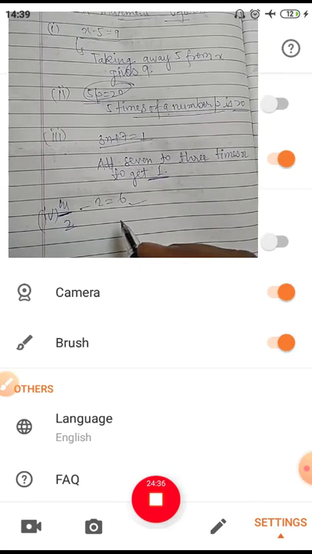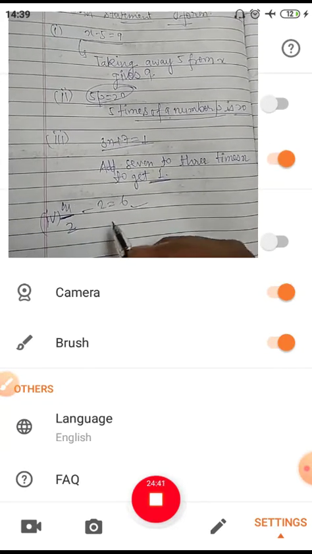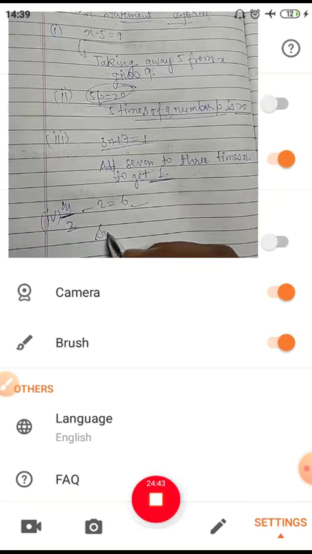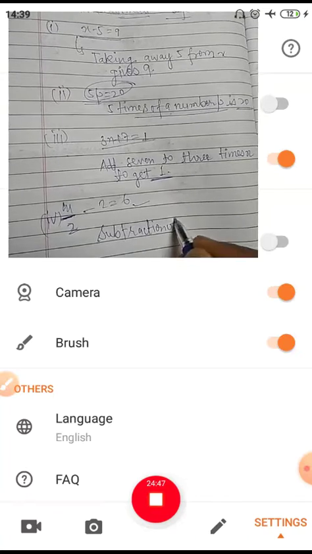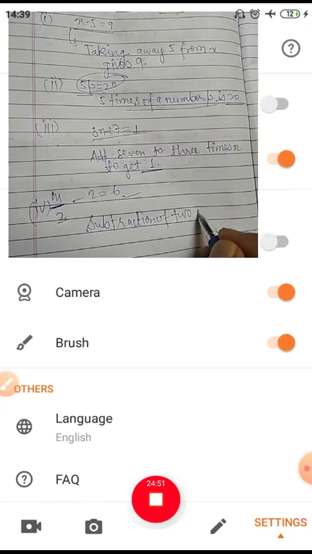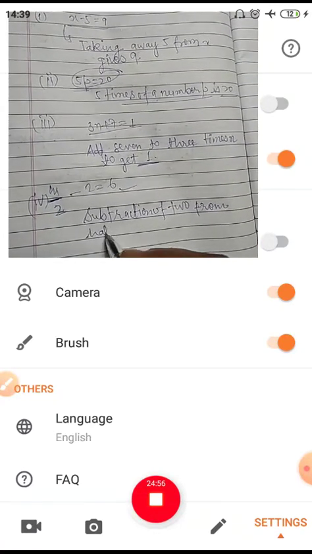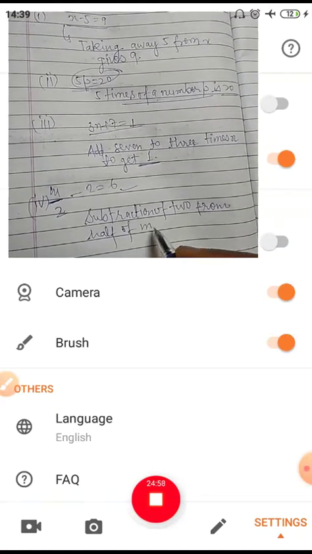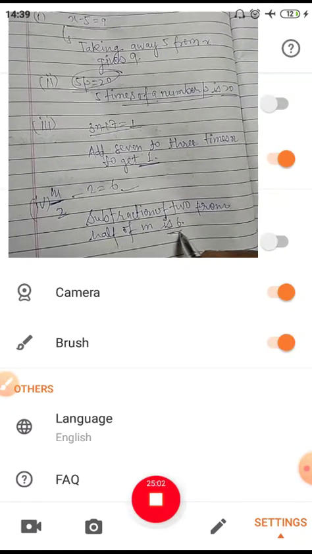Or we can say, subtraction of 2 from half of m is 6.